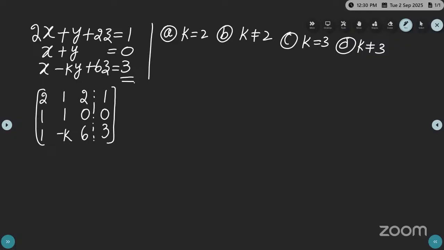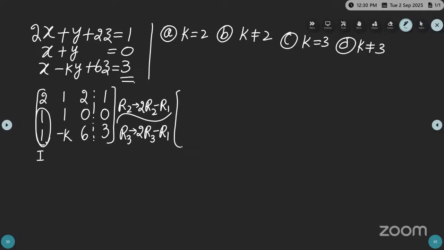Convert this into echelon form or upper triangular form. In the first step, R2 implies 2R2 minus R1, R3 implies 2R3 minus R1. Tell me quick. First row: 2, 1, 2, 1.